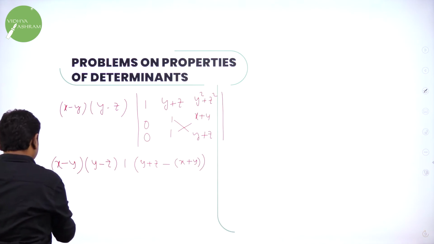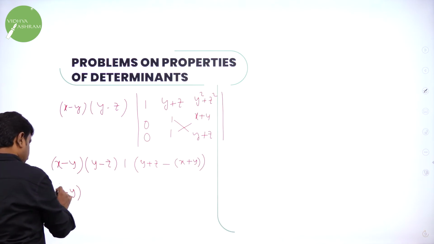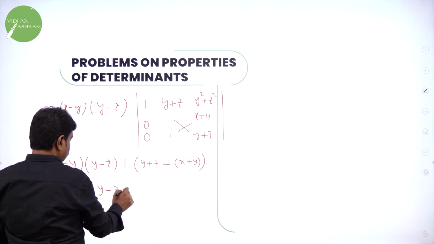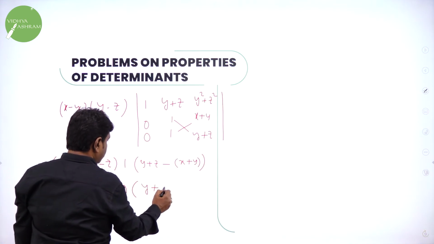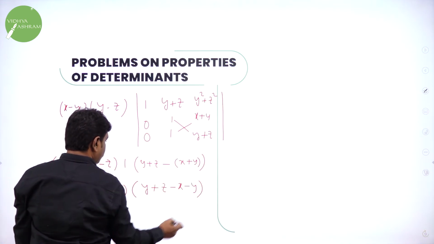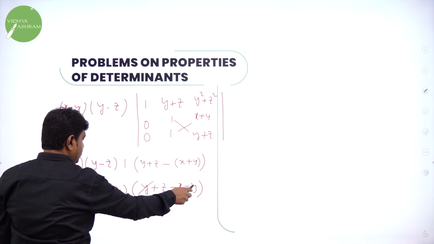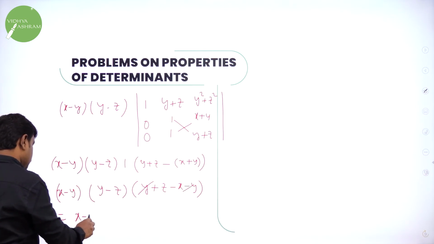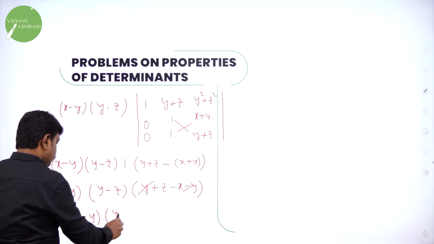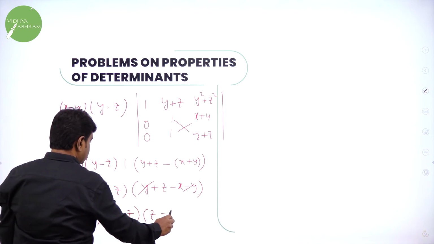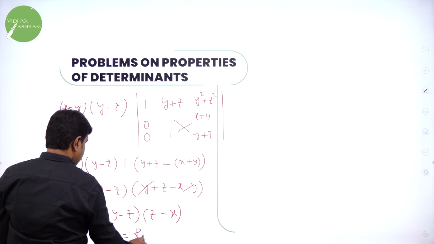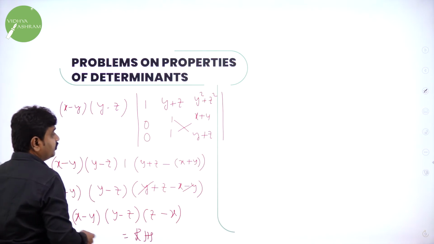Further solving, it becomes y plus z minus x minus y. So plus y minus y cancels, and we are left with x minus y, y minus z, z minus x. This is the RHS. If you observe, we got the proof.